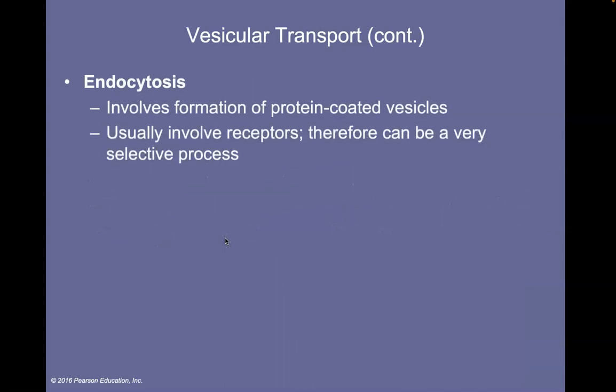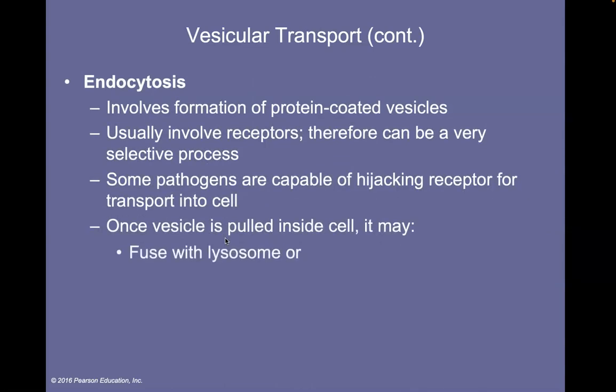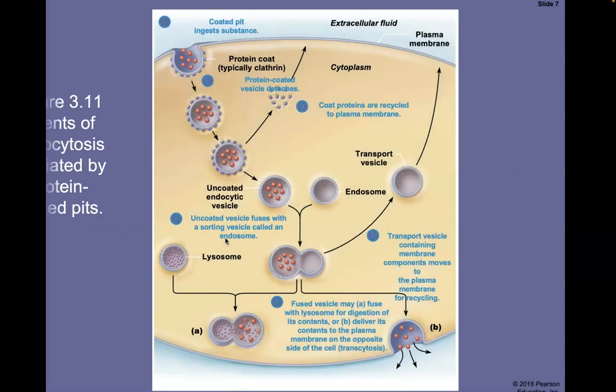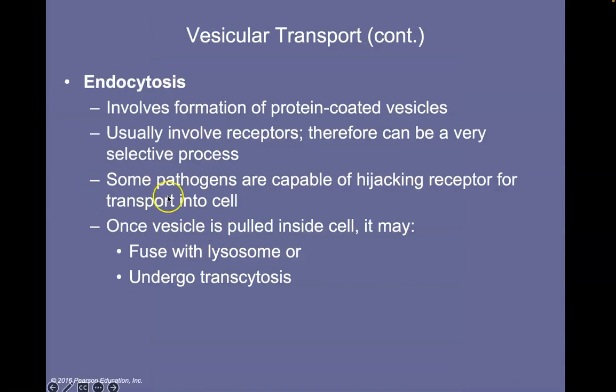Okay, so again, endocytosis. This slide is a little more involved than I think we really need to get. But with endocytosis, oftentimes you're going to bring things into the cell like pathogens.